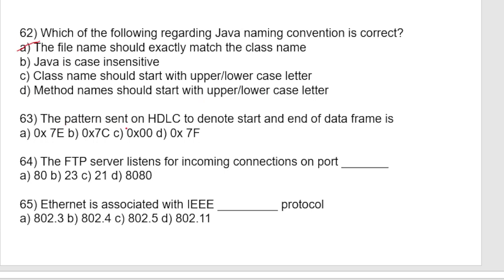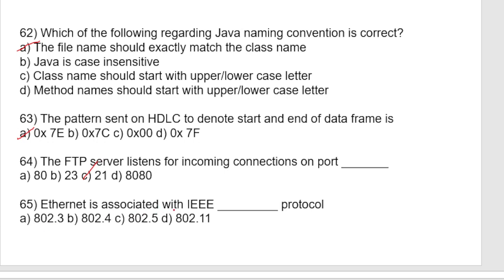The pattern sent in SDLC to denote the start and end of a data frame is, basically it is A. The FTP server listens for incoming connections on port. The answer is C दोस्तों.